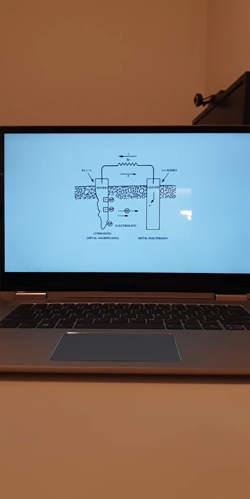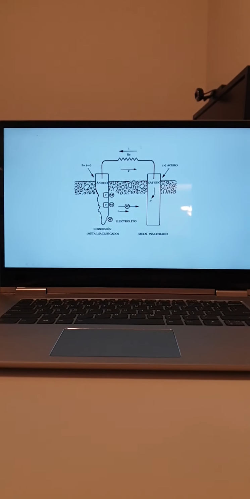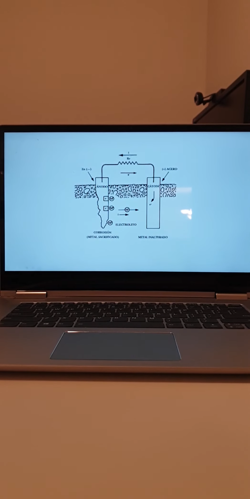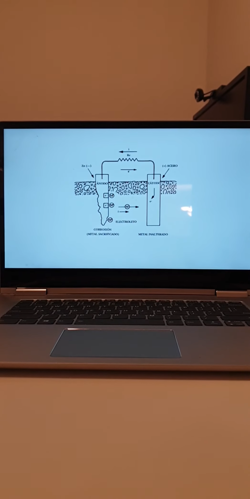It moves from anode to cathode in the electrolyte, or from cathode to anode in the electric pathway. This is the current, and this is the electrons moving. This is conventional current. Remember when we reviewed that at the beginning of the course.